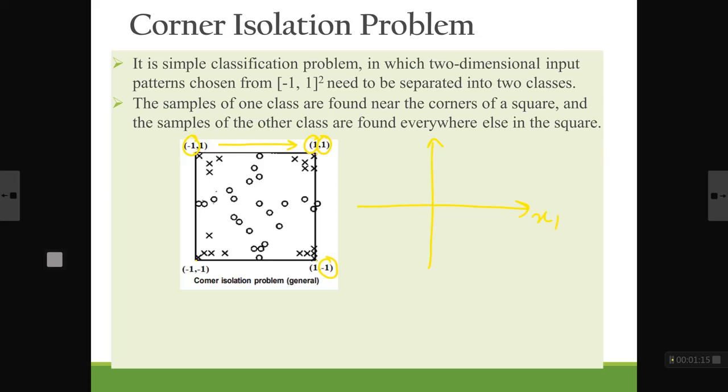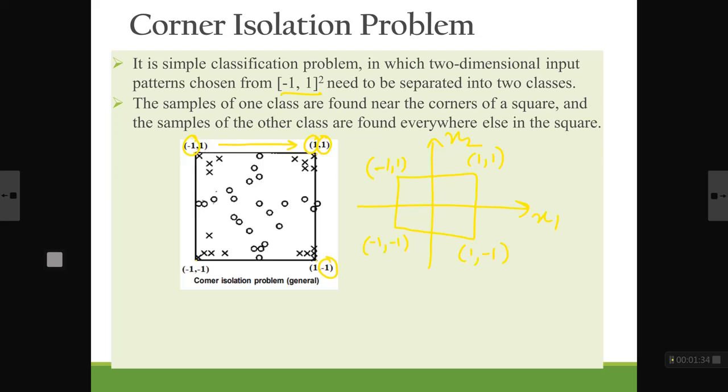So basically, if I show it like this, this is x1 and x2, and this square is nothing but here. So which are these points? (-1, 1), (1, 1), (1, -1), and (-1, -1).